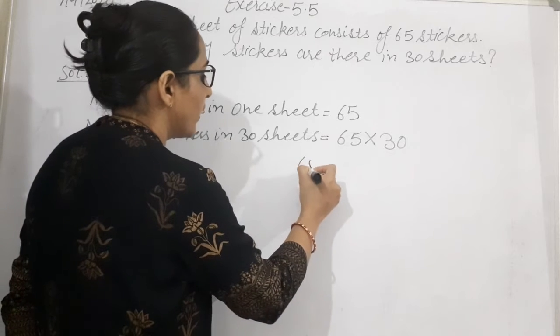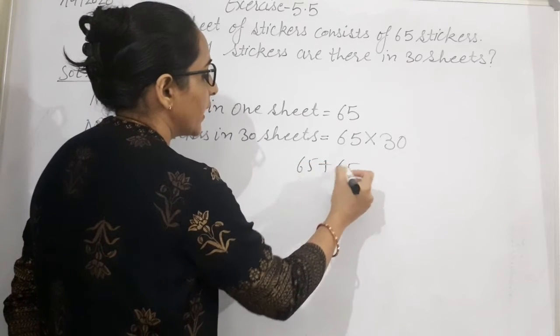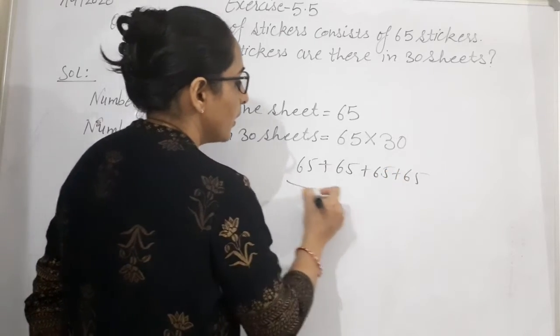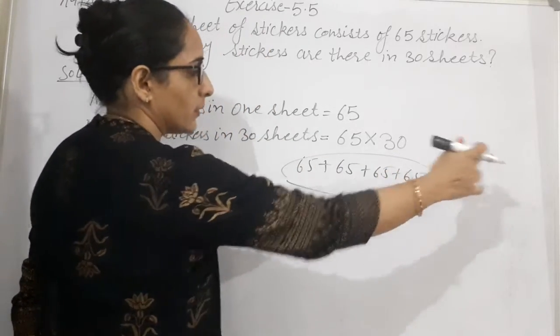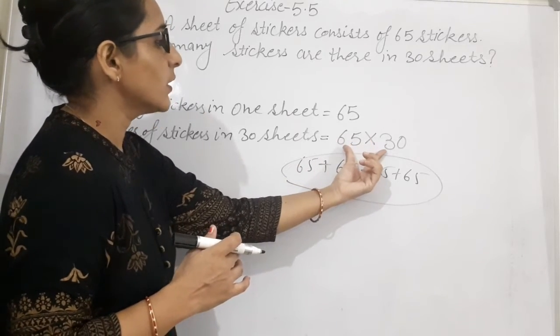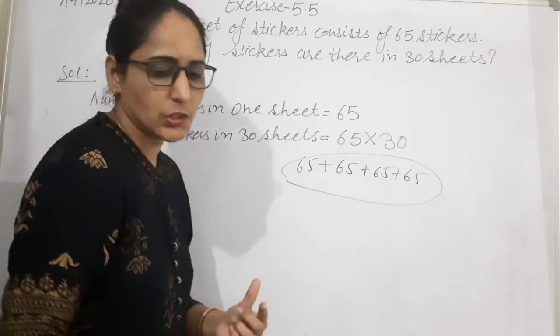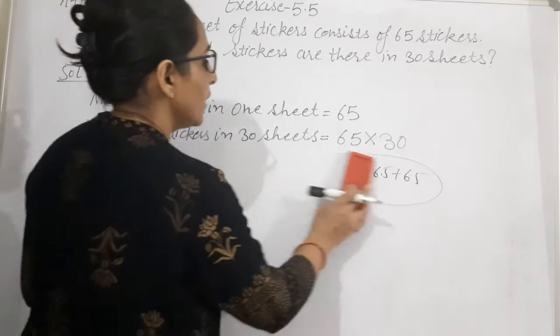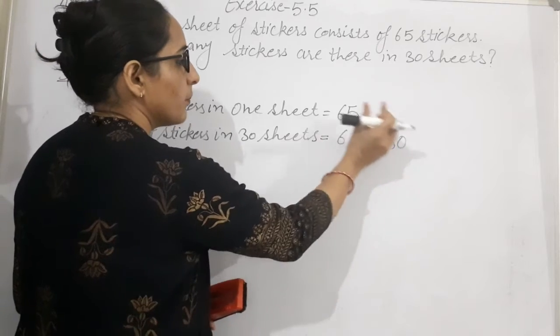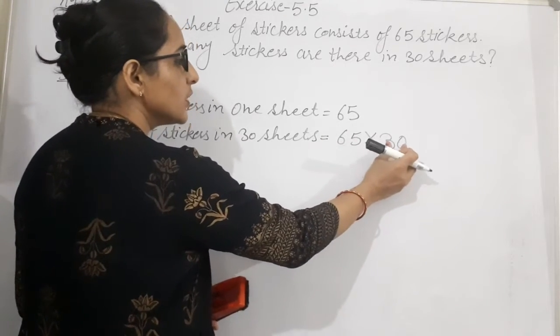Like that 65 in one page, 65 in second page, 65 in third, 65 in fourth, like that. Clear? So repetition of addition is converted into multiplication. So we multiply the number of the stickers by the number of the sheets.